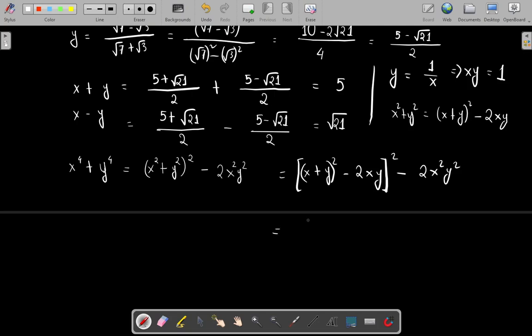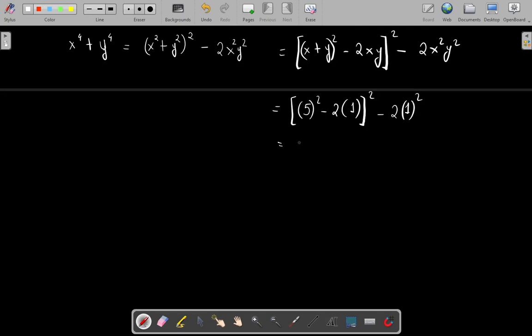Now x plus y is 5, so this is 5 square minus 2 times xy, which is 1, whole square minus 2 times (xy) whole square, so 2 times 1 whole square. So we get (25 minus 2) whole square minus 2. So this is 23 squared minus 2.